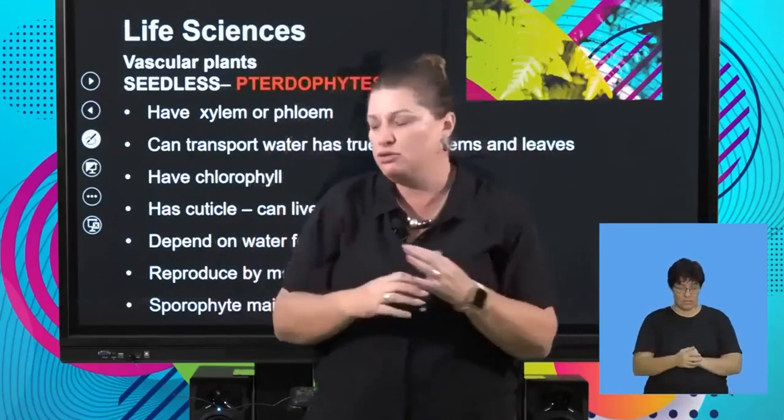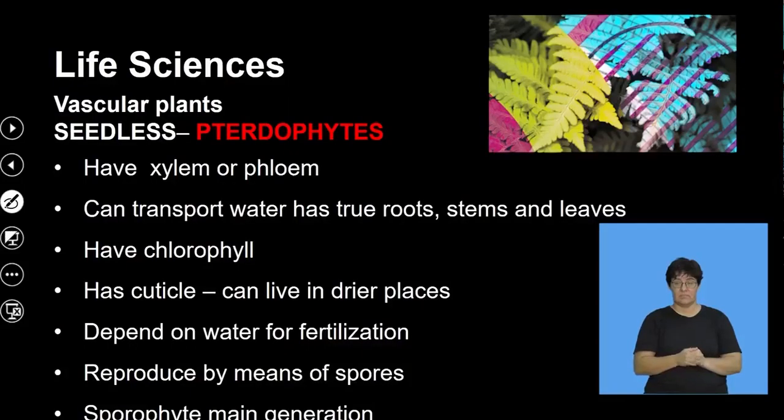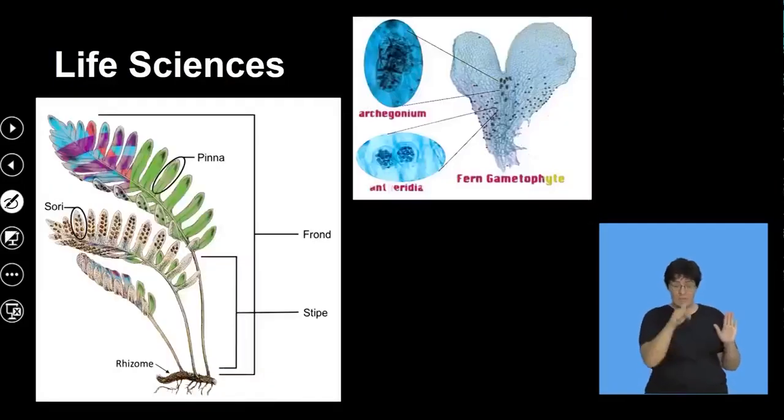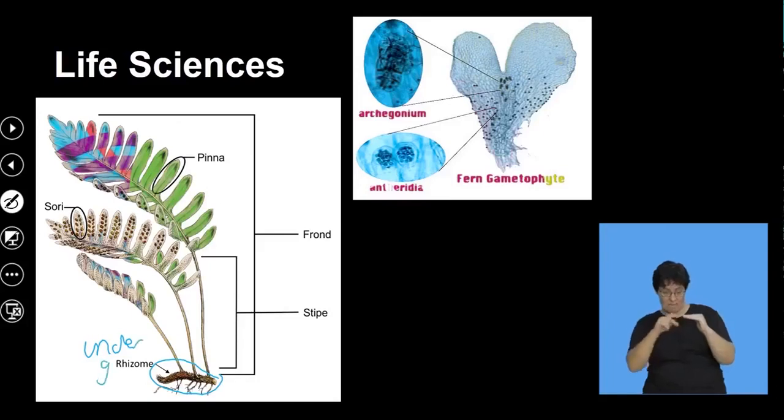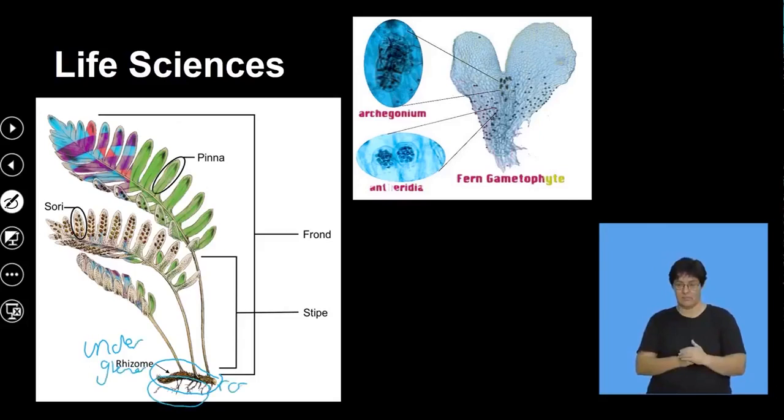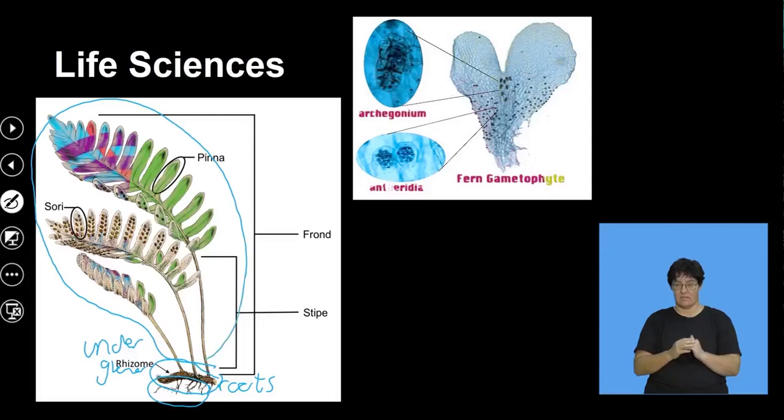I have roots. Now, if you have a look at this diagram, you can see this is its stem, and it's under the ground. And this is its roots. All the things that you see above the ground, that is the frond, what we call a leaf.